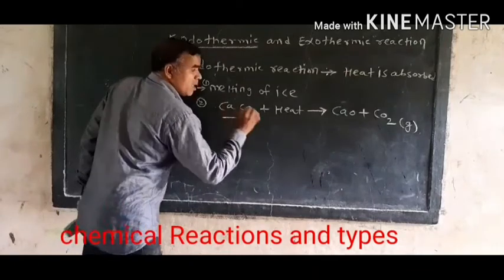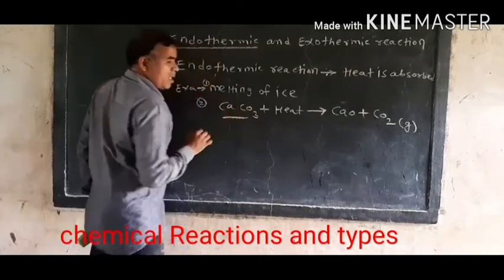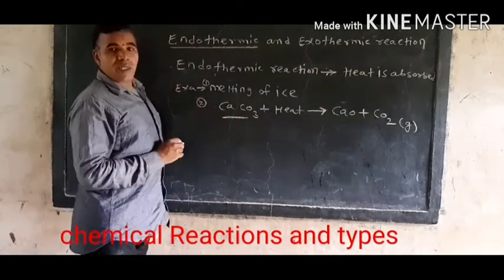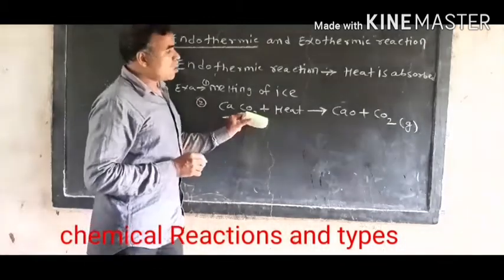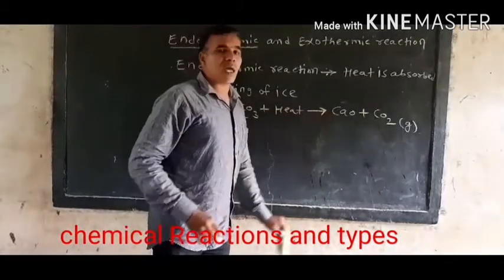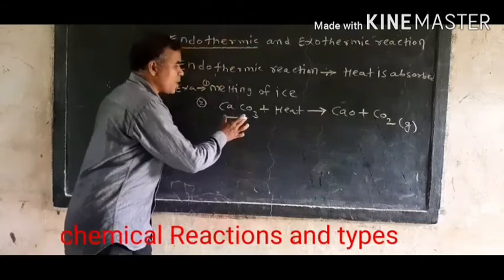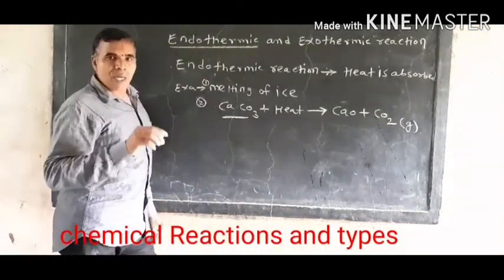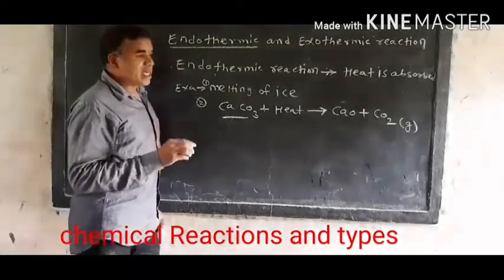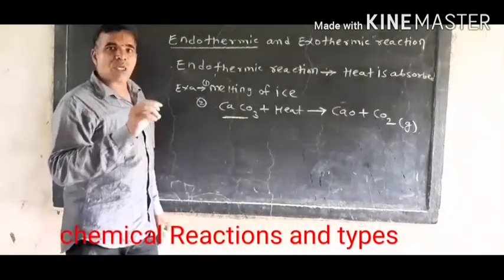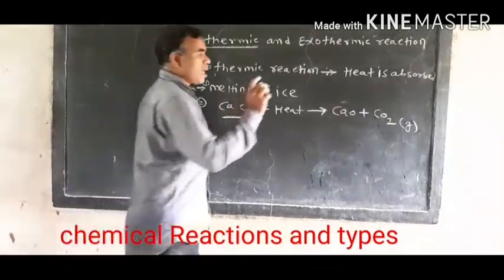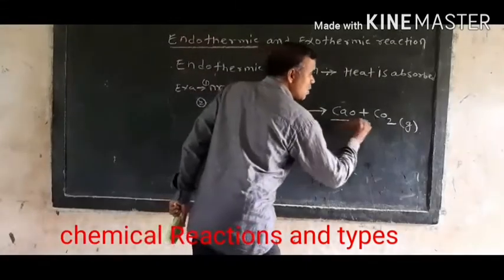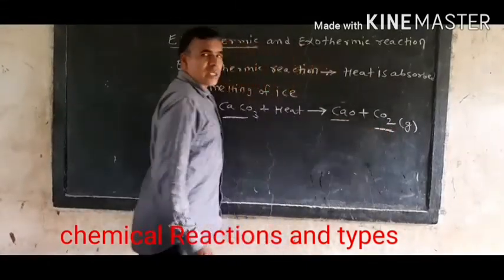Calcium carbonate in which heat is absorbed to form calcium oxide plus carbon dioxide. Calcium carbonate ला जर पाण्यामध्ये आपण डिसॉल्व केलं, कॅल्शियम कार्बोनेटला पाण्यामध्ये आपण टाकलं तर त्या ठिकाणी हीट ऍब्सॉर्ब केली जाते, उष्णता शोषून घेतली जाते आणि तयार होतो कंपाऊंड कॅल्शियम ऑक्साइड अँड कार्बन डायऑक्साइड.